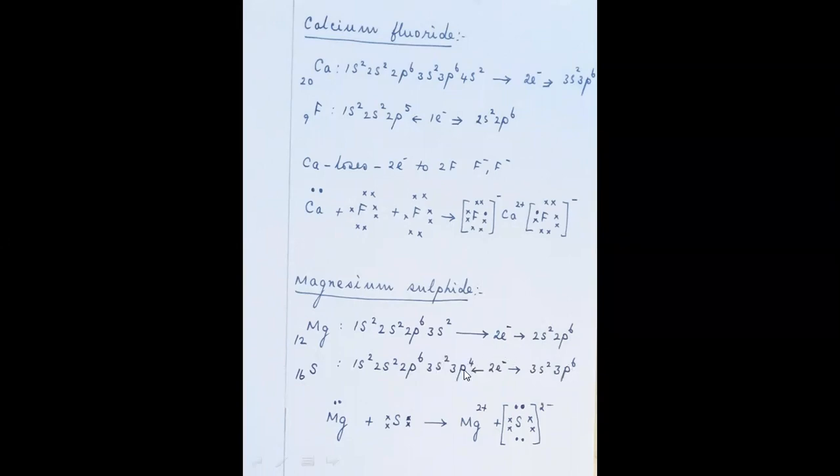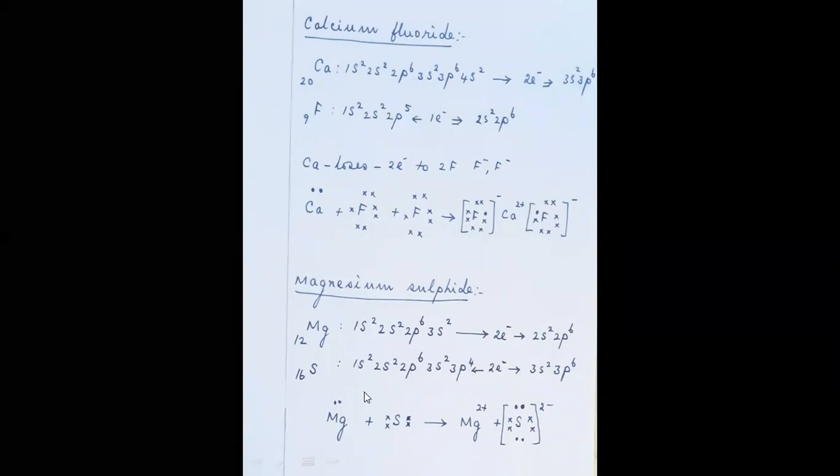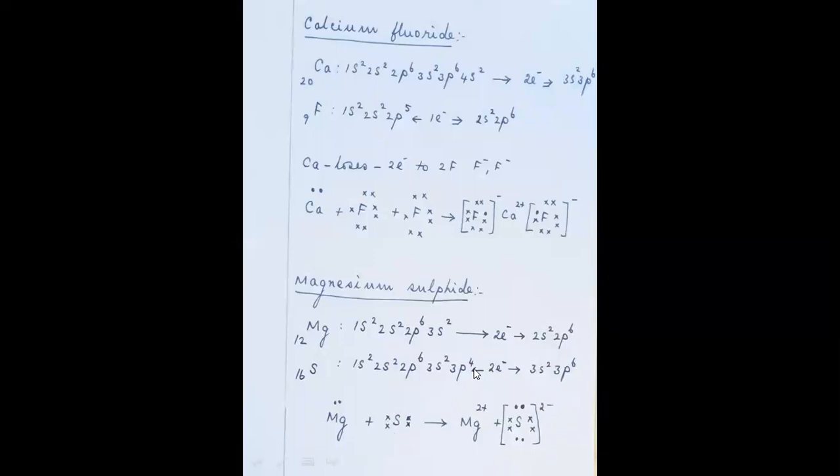So it needs 2 more electrons to attain stability. So look here. So it has 4 electrons. Here 2 electrons are missed, I have not written. Sulfur has 6 electrons in the outermost shell.